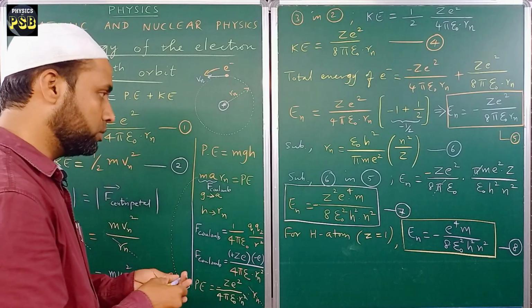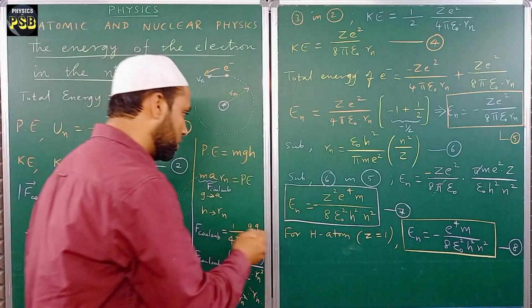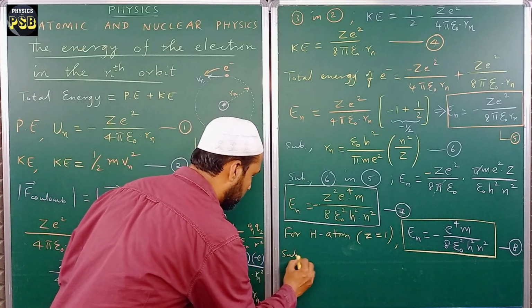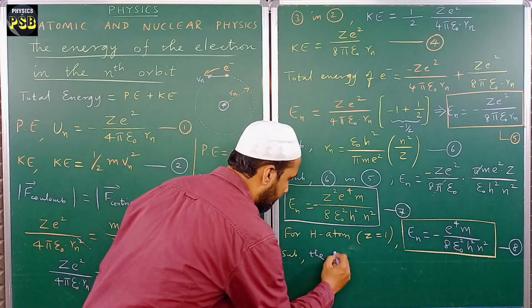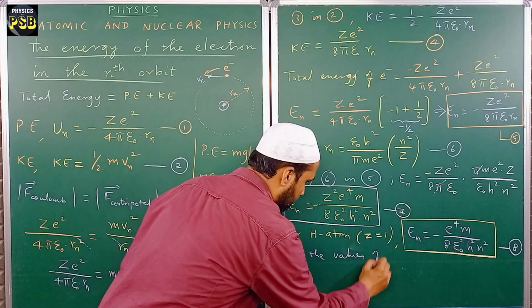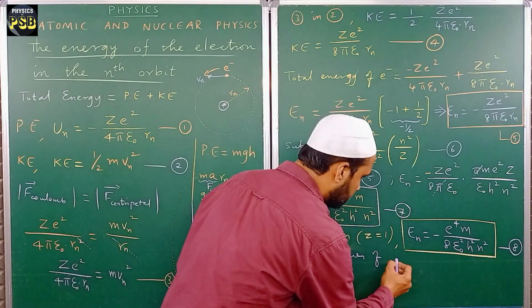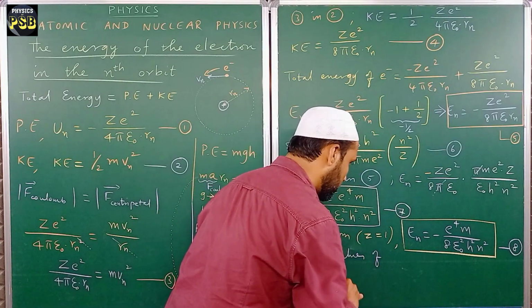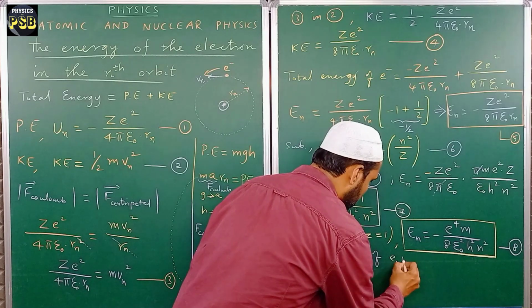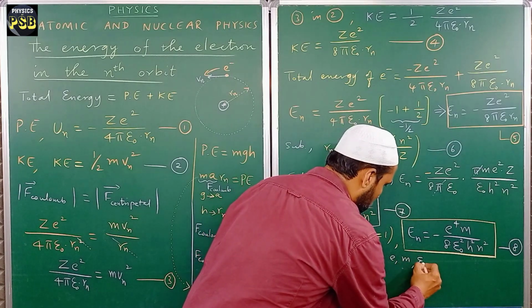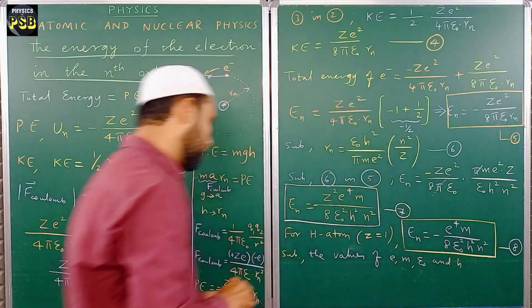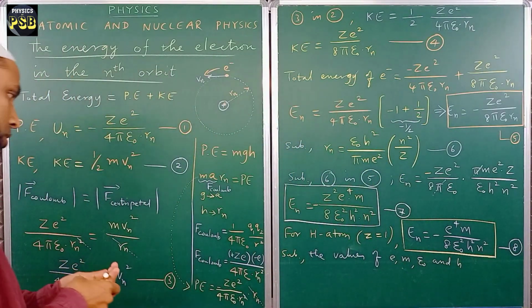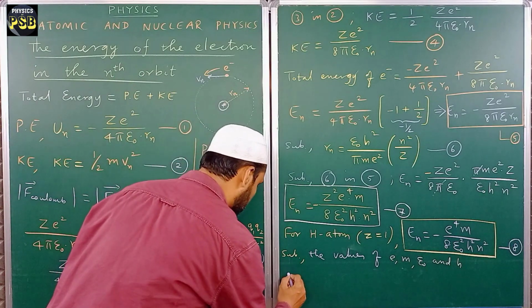So on substituting the values of e, m, epsilon naught and h, we obtain this equation. What is that?